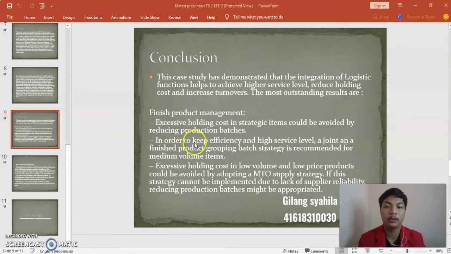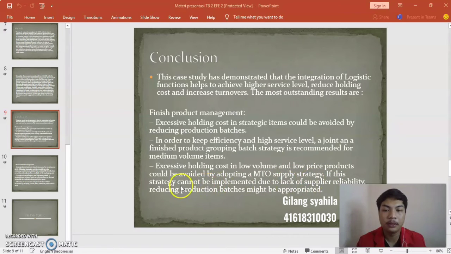In order to keep efficiency and a high service level, a joint finished product grouping strategy is recommended for medium volume items. Excessive holding costs in low volume and low price products could be avoided by adopting an MTO supply strategy.